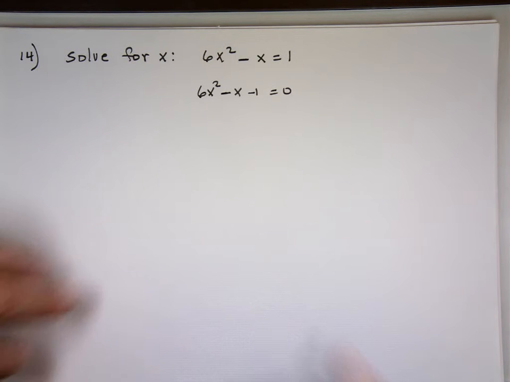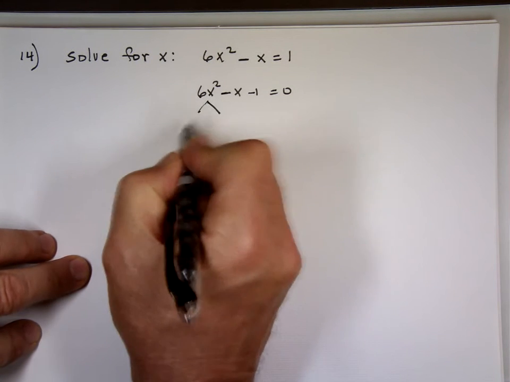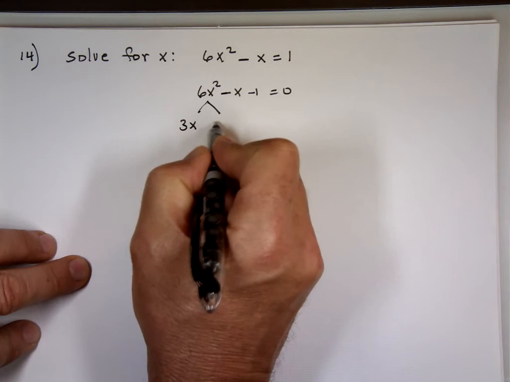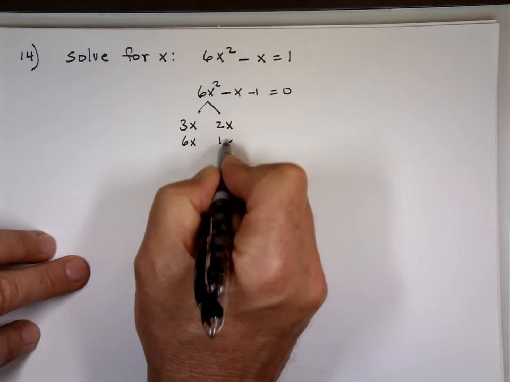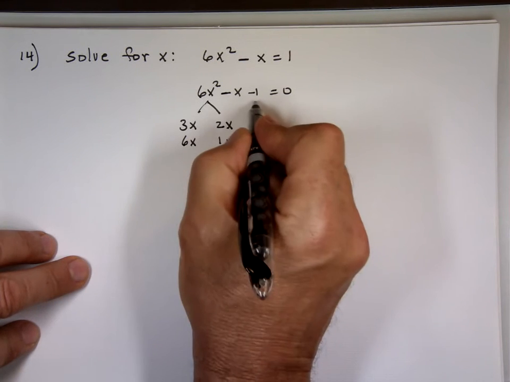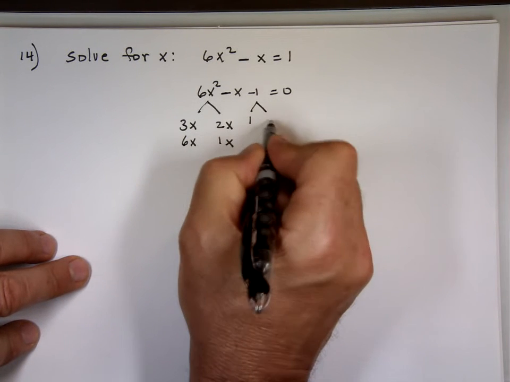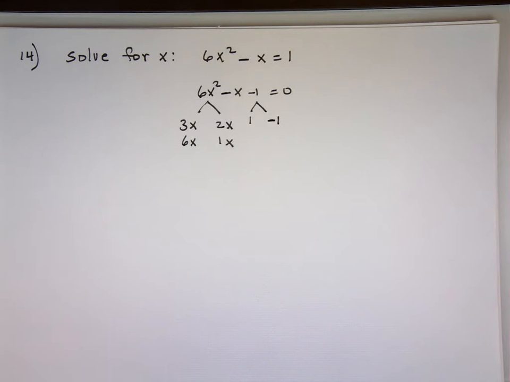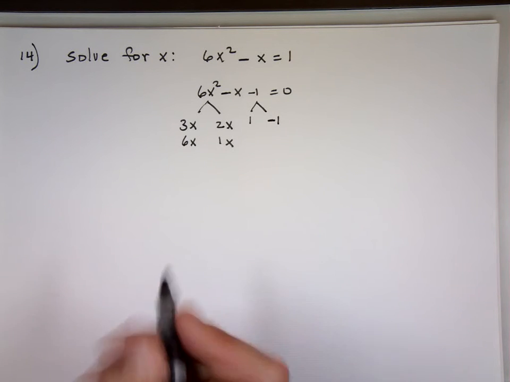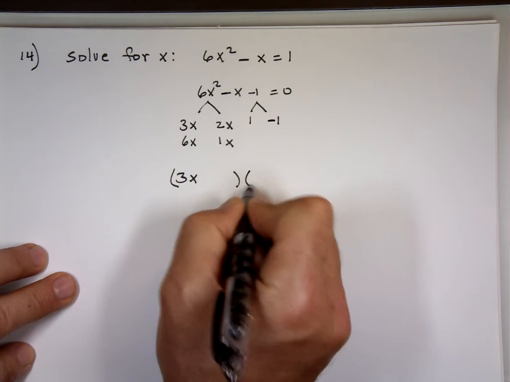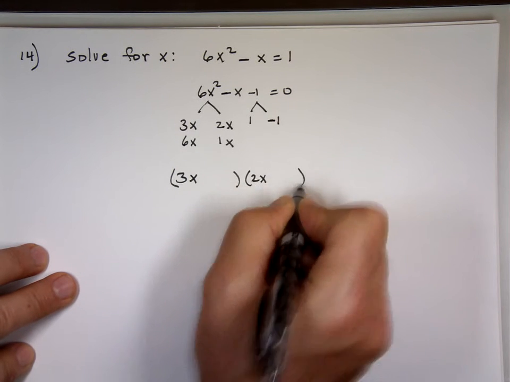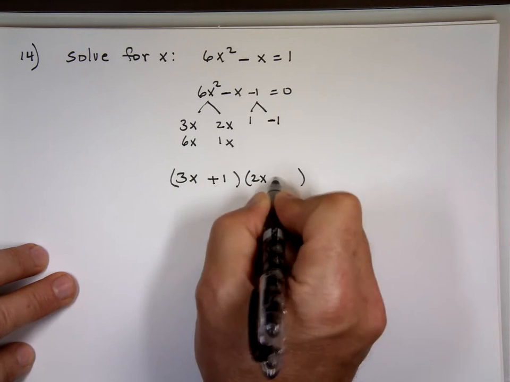Well, 6x squared, I can try 3x times 2x, or 6x times 1x. The minus 1, there's only one option, 1 times a minus 1. So let me try and factor that. Let me try the 3x and the 2x, and let me try the plus 1 here and the minus 1 here.